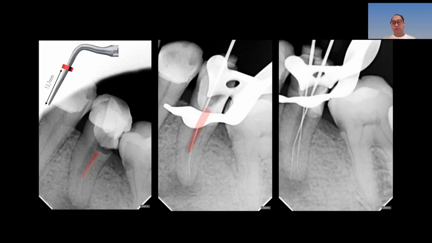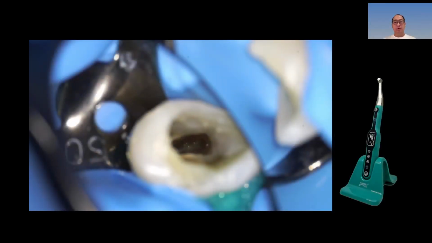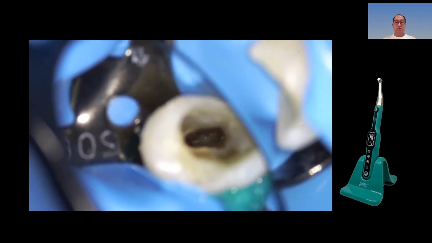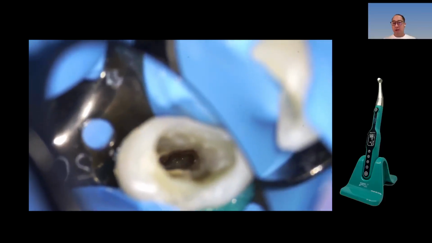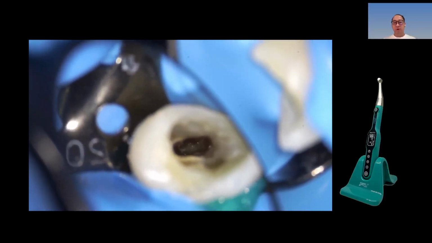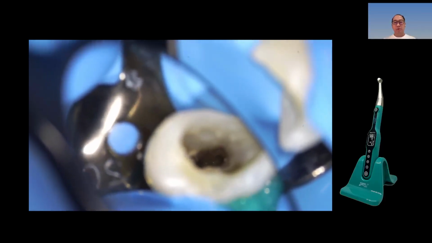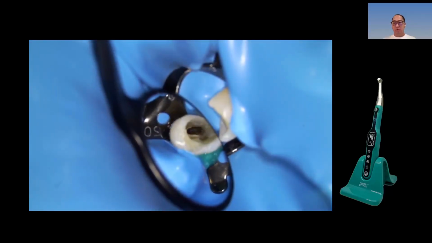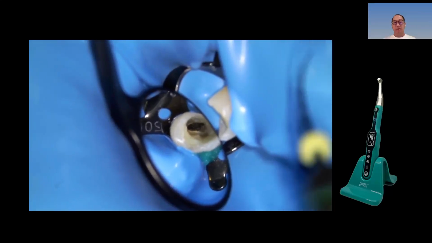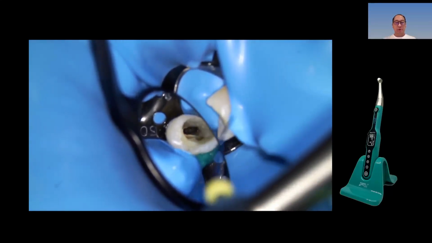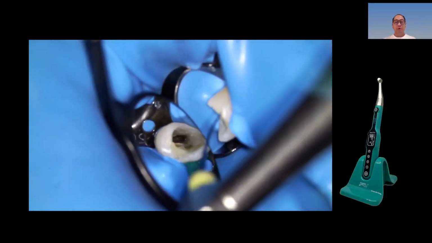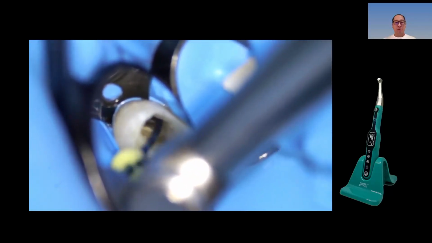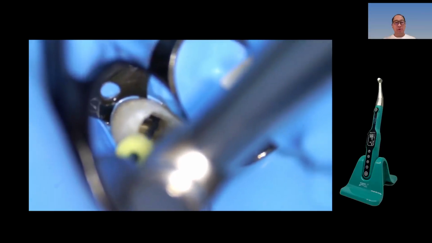After you identify the opening, you can prepare your files, and then you can use your rotary instrumentation. Because if you use your hand, you will definitely block your vision and will not be able to see the entrance of the orifices. But if you use a motor and you can present your file like this, you see it's very easy, and you don't have any obstacle in your visibility because you can see where you need to insert and where the entrance of the root canal is.